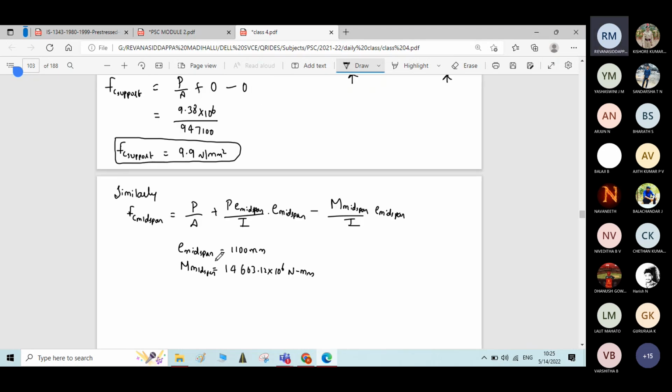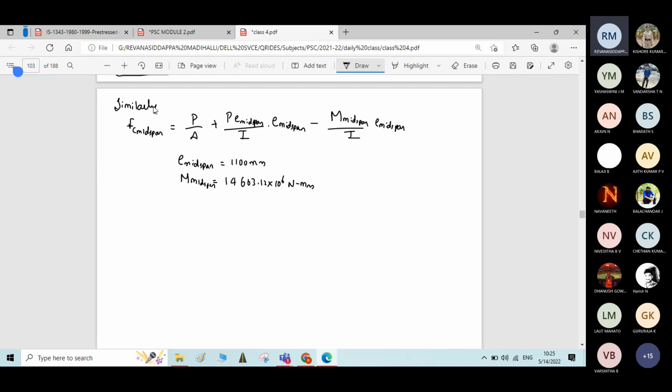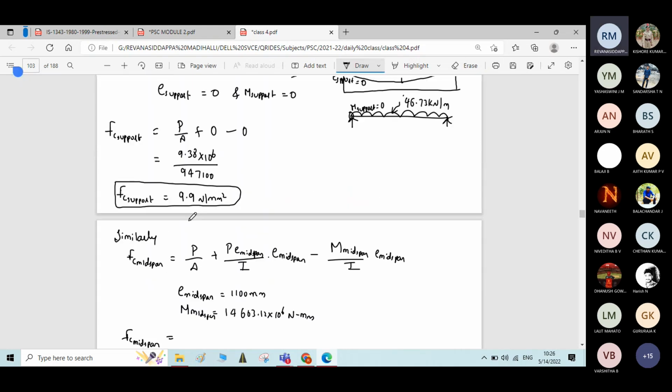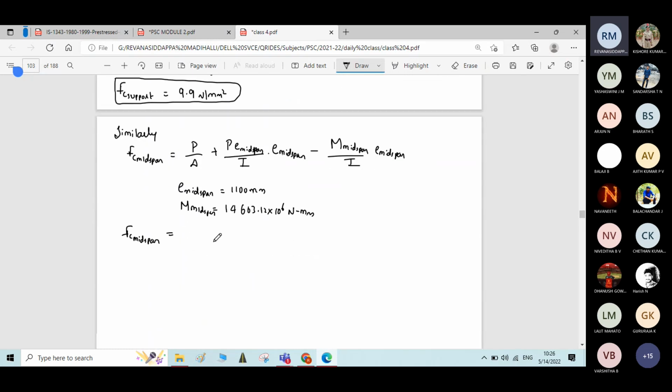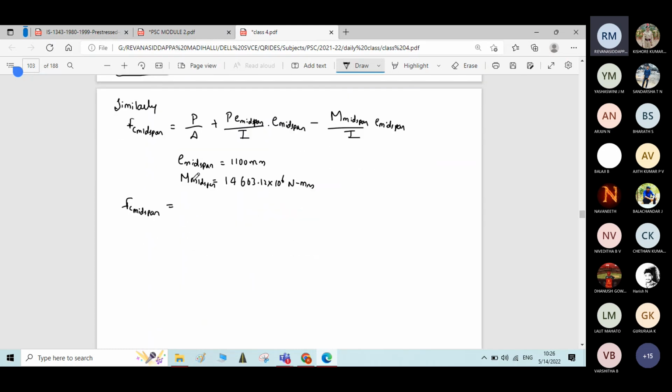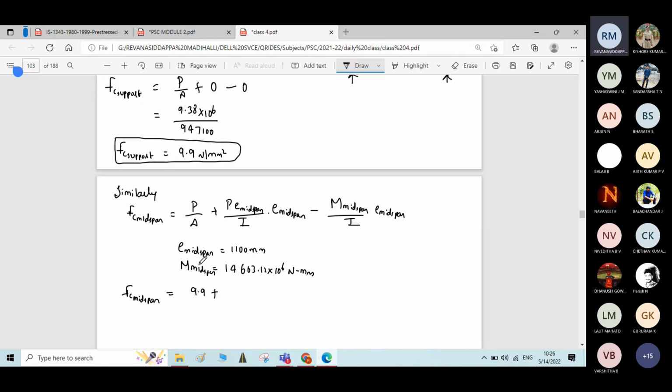Now you can substitute everything to get the stress at steel at the midspan. FC midspan is equal to P by A, value already calculated in the previous calculation, 9.9, plus P into E midspan.